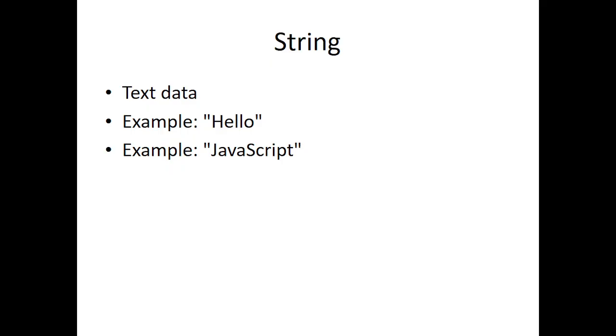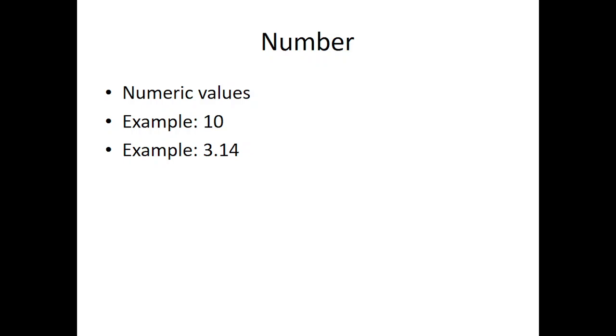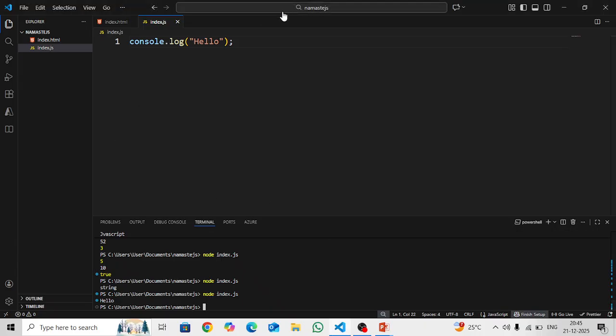Now, number. A number is numeric data. I'll show it. Now, if I write console.log 10, you can see 10 is printed. So, basically, it can be a whole number or a decimal.